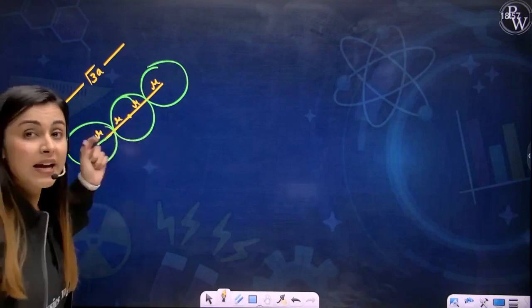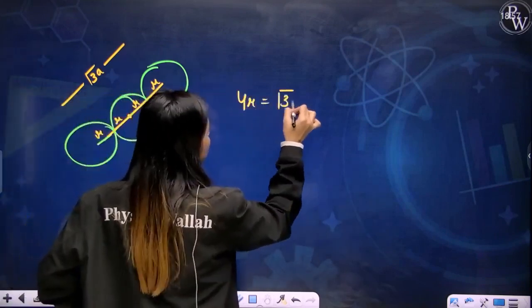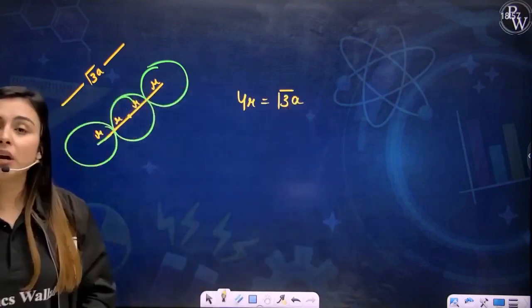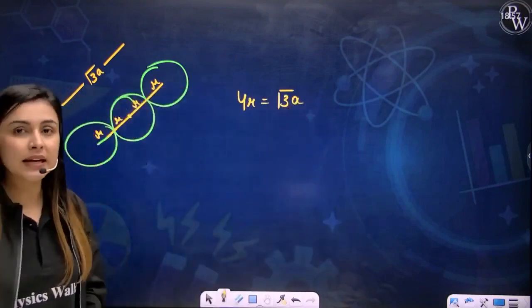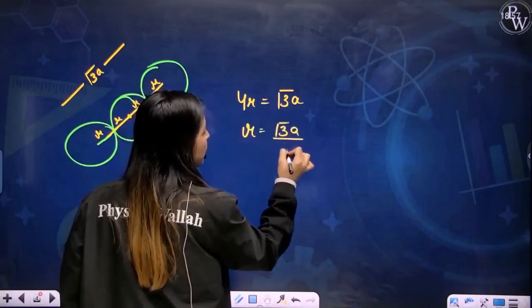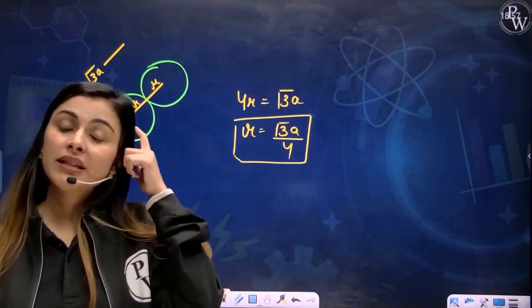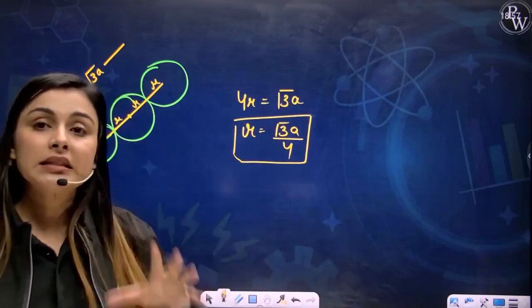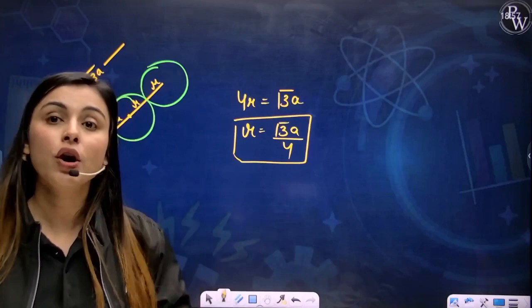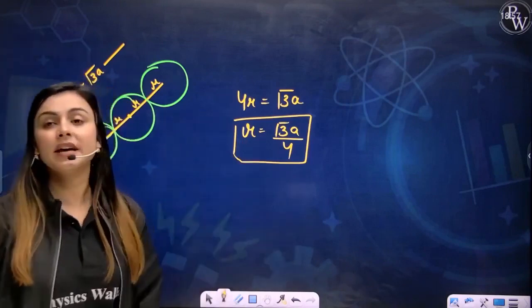Okay, so can I say that 4r is actually equal to root 3a? Your 4r is actually equal to root 3a. So r will be equal to root 3a upon 4, my dear students. This is the relation that you need to calculate. This is the relation that comes out for a body centered unit cell between the radius and the edge length.